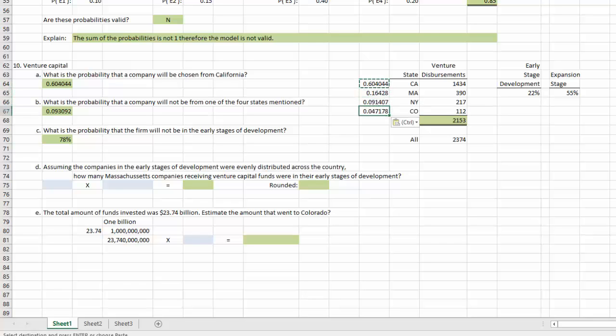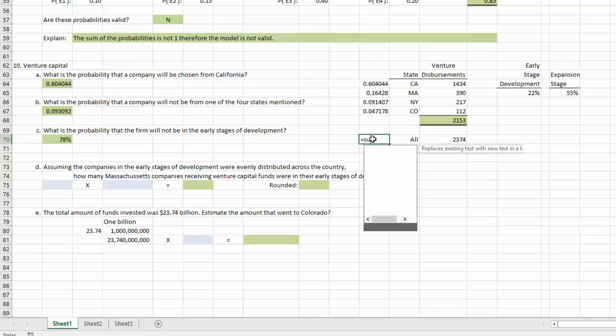Okay, so I have 60% from California, 16% from Massachusetts, 9% from New York, and 4% from Colorado. Well, if I was to sum this up, it would simply be equals sum of this. Well, now we see that it's only 90% of the population.